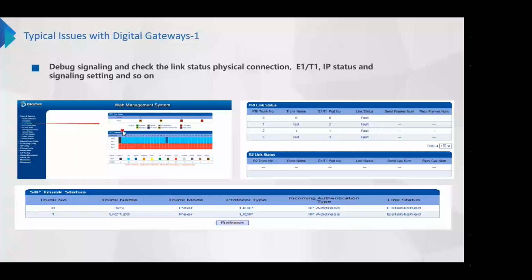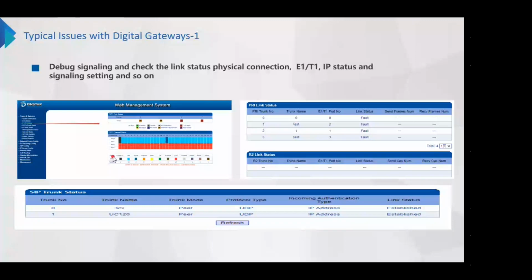Then the port will be active. If something is wrong, such as the physical connection or the signaling, you get a different indication here. So it's quite easy to debug the system.